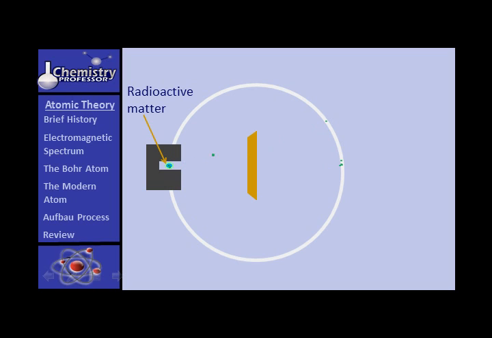As a matter of fact, sometimes they would be bounced back, literally to the source. And so he said, well, maybe Thomson is wrong. Maybe we should look at the atom more as a material with a center, a highly dense positive center that can repel that alpha particle.